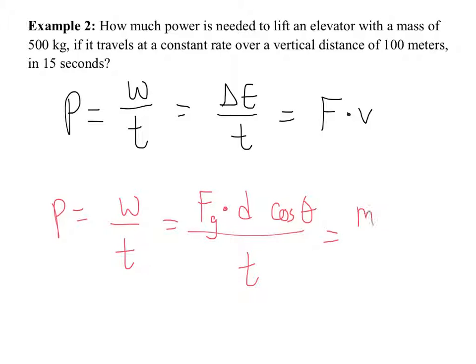So we have Mg times d times cosine theta all over time. The cable is pulling up, the elevator is moving up, so theta is 0, so that part doesn't matter because the cosine of 0 is 1. So that part drops off. We get mass times gravity times the distance traveled all over time.